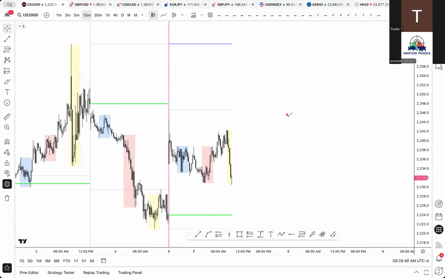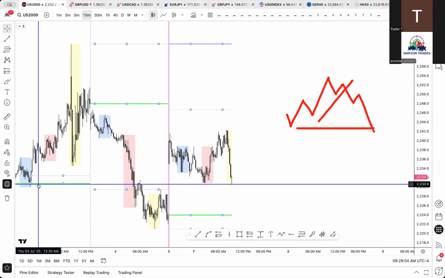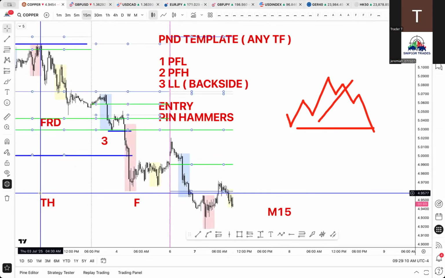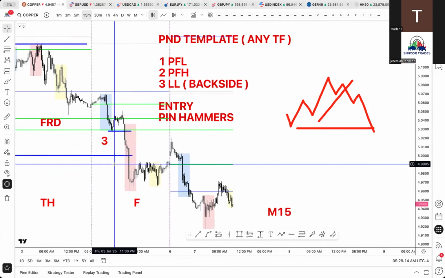I'm going to be looking for a pump and dump model. You should be able to easily identify this model and easily count to three, whether that's 3 days or 3 sessions, and be able to scroll through your pairs on any given day, Monday to Friday, and say, nope, this is a no.